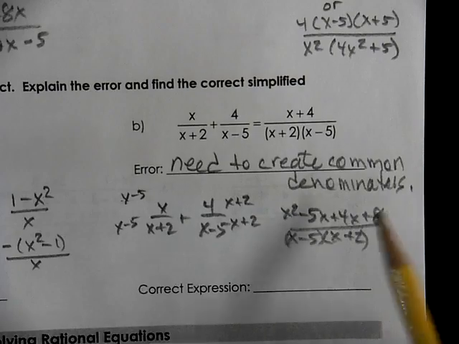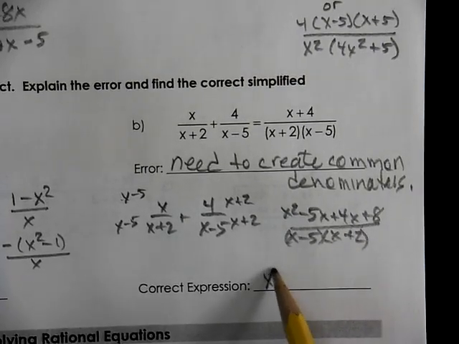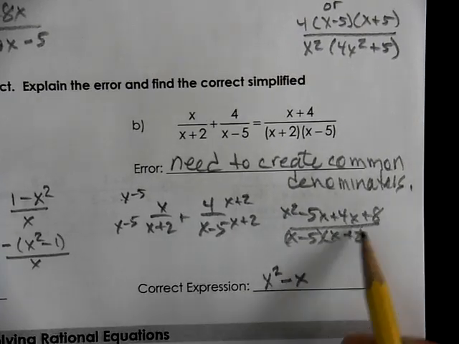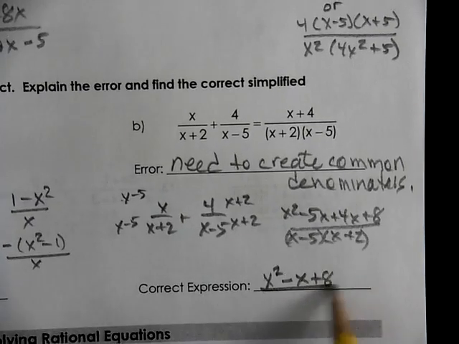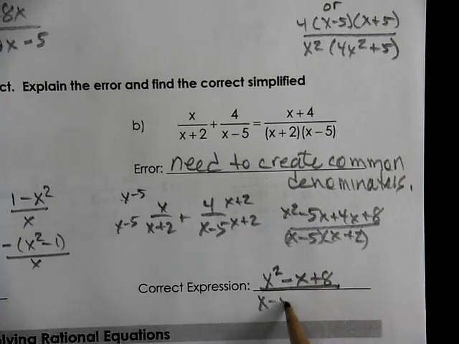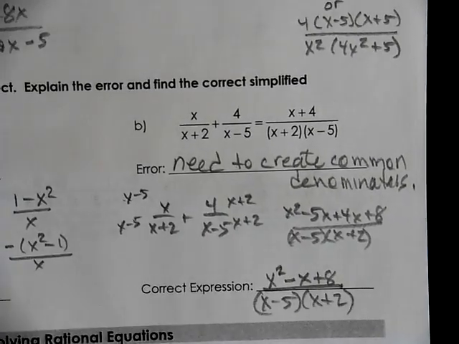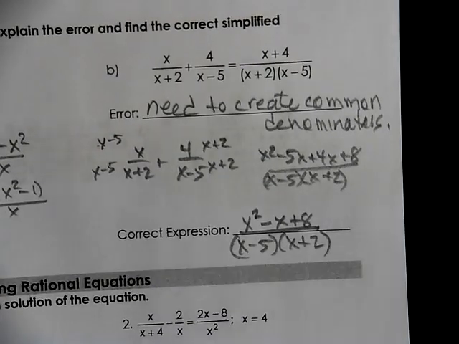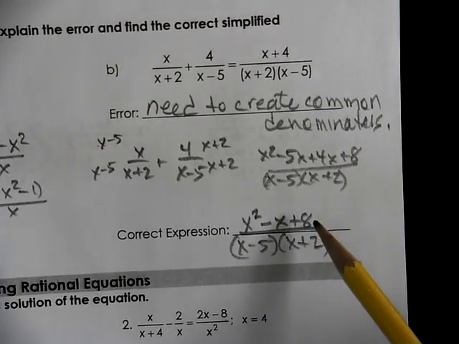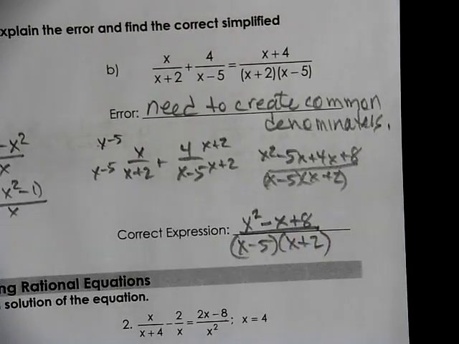And that looks like we can bring this together a little bit and say x squared minus x plus 8 over x minus 5, x plus 2. The top can't be factored. Can't multiply to be 8 and add to be 1 or negative 1.